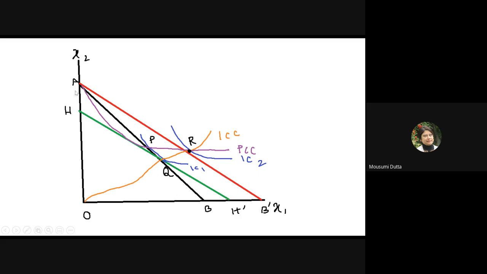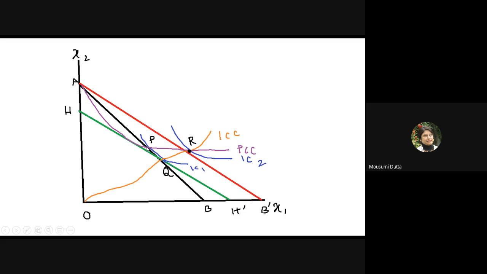AB is our initial budget line, and we consider a reduction in price of X1. So the new budget line is AB prime. We draw a hypothetical budget line HH prime so that the consumer can consume along the initial indifference curve IC1. So both AB and HH prime are touching IC1 at different points.